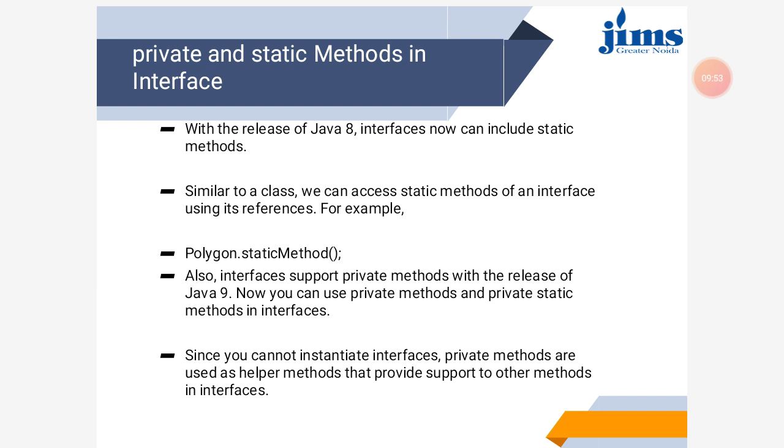Earlier this was only possible with static methods of a class, and how do we access any static method? We access a static method with the name of the class, but it is also possible to access static methods with the name of the interface.